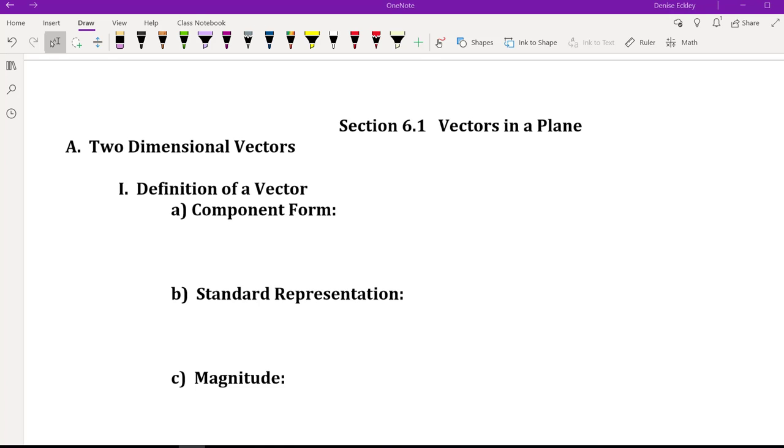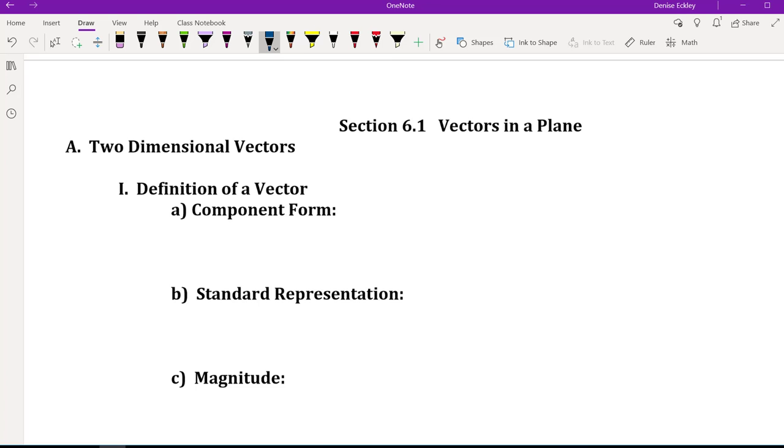So this section is all about how we work with vectors, some of the basic operations, and some of the terminology that we'll need. So let's start with some different definitions of vectors, some different parts of vectors. The first thing is, there are two ways to represent a vector. One way is in component form. And what is component form?